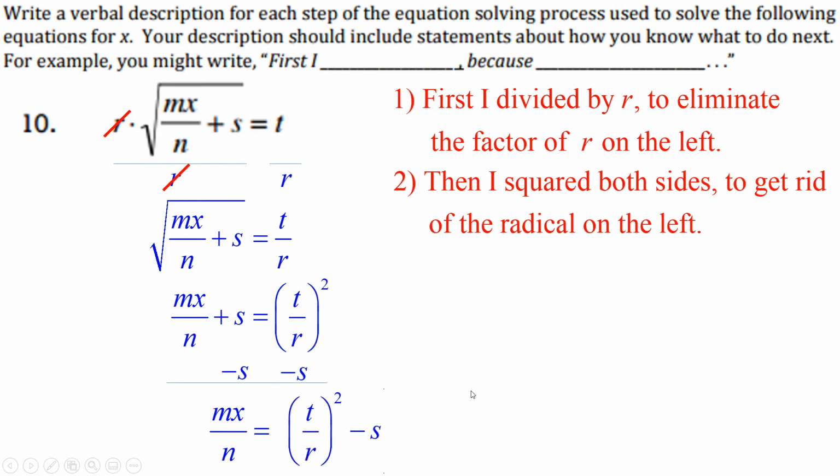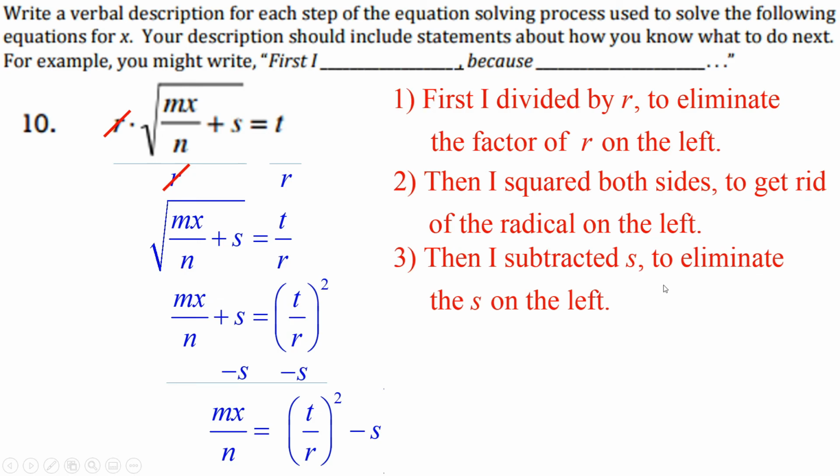Now, this x is being multiplied by m and divided by n, and that's the same as multiplying by the fraction m over n. How do we undo multiplication by a fraction? Before I do that, we better describe what we did. All we did on the third step was subtract s to eliminate the plus s on the left. So then I subtracted s to eliminate the s on the left.